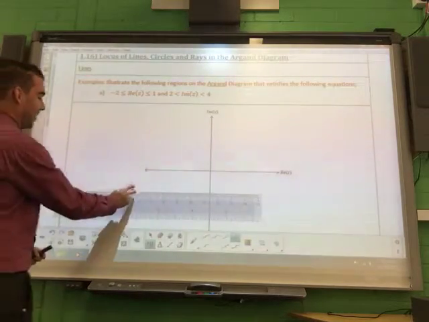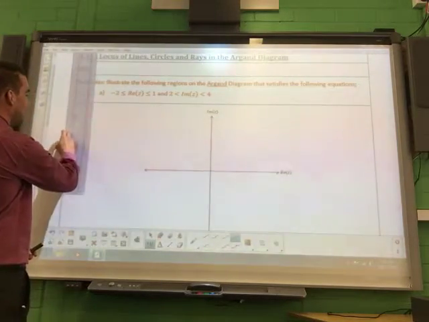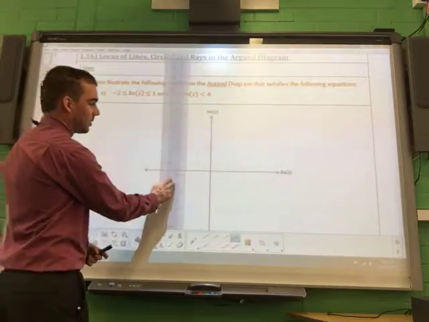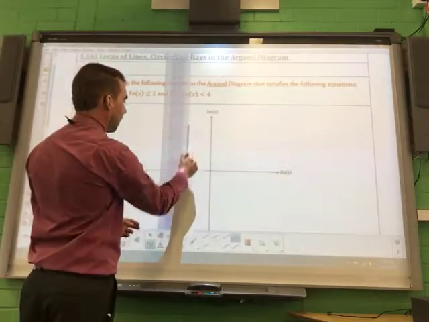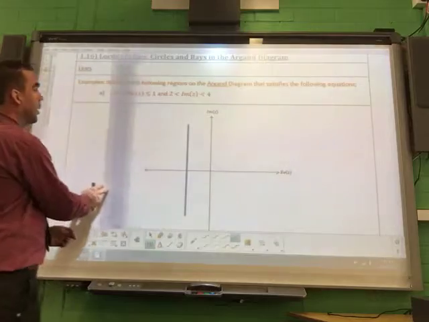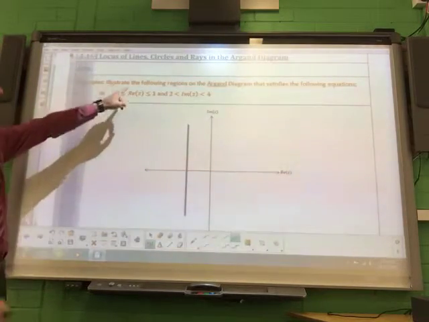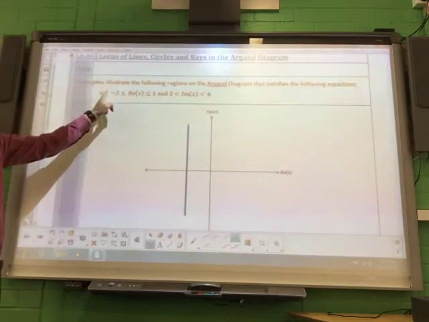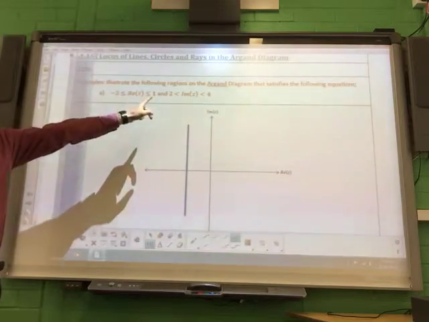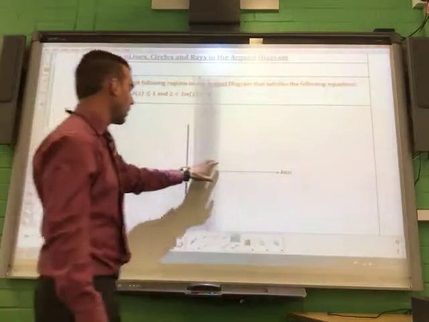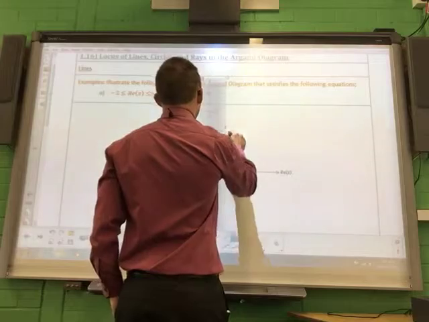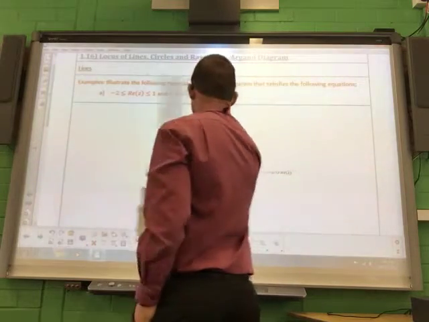Alright, so for our question here, the real part is -2, and so the real part of z is between -2 and 1 inclusive. So that means we're going to have 2 vertical lines, one at -2 and one at 1.